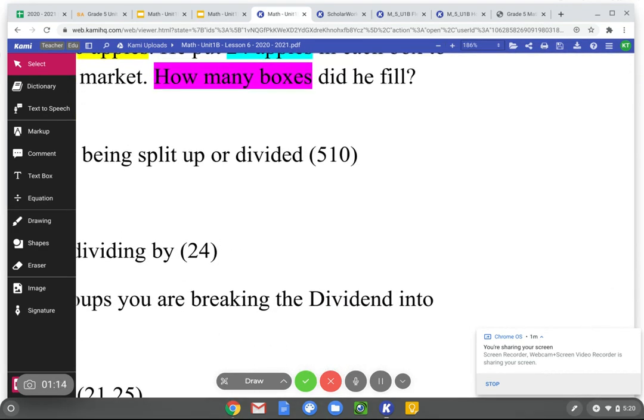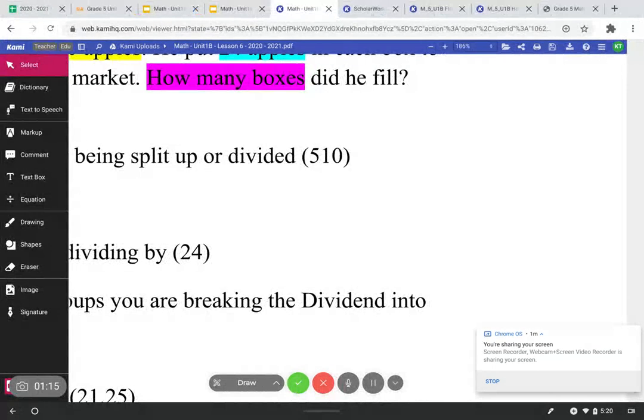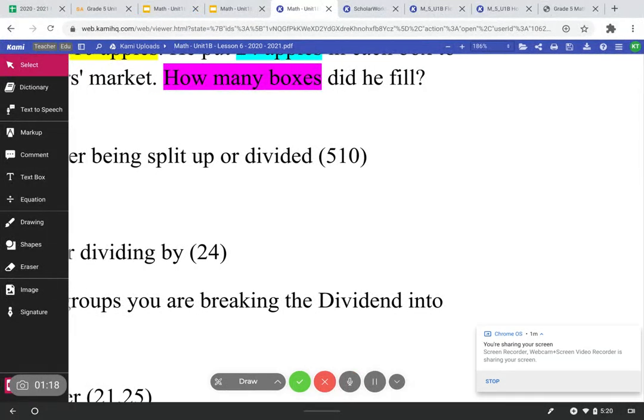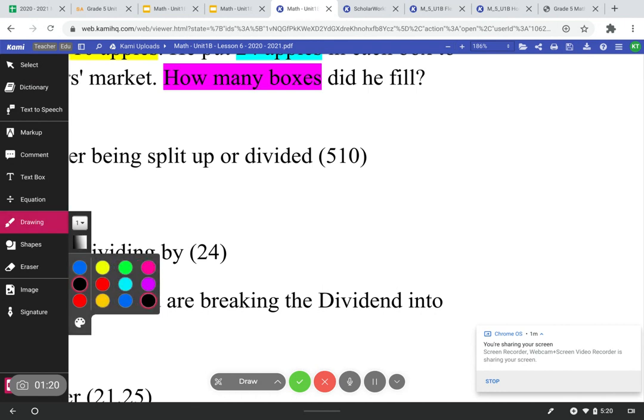So we are going to use division. Remember, we call it repeated subtraction. So when we do 510 divided by 24, 510 is the total number of apples. 24 is the number of apples in each box.